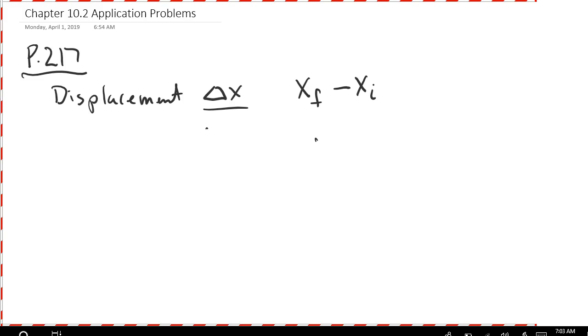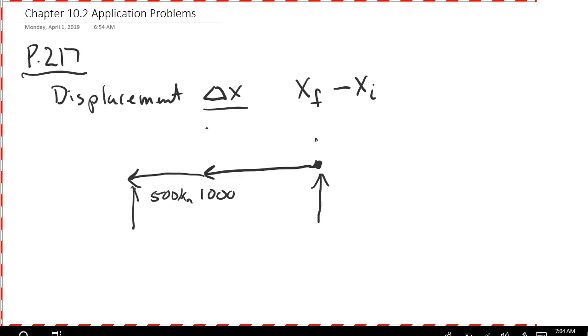And so even though this person traveled, if we just make a drawing here and we say west is to the left, the person traveled 1,000 kilometers to the west first, and then they traveled another 500 kilometers. What you do is you take your initial position, which is right here, and your final position.